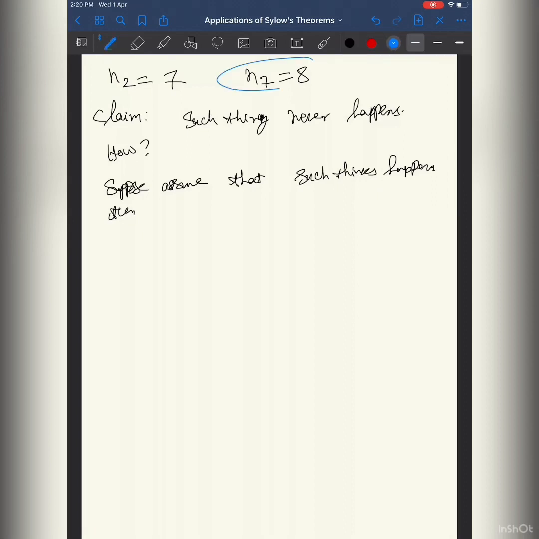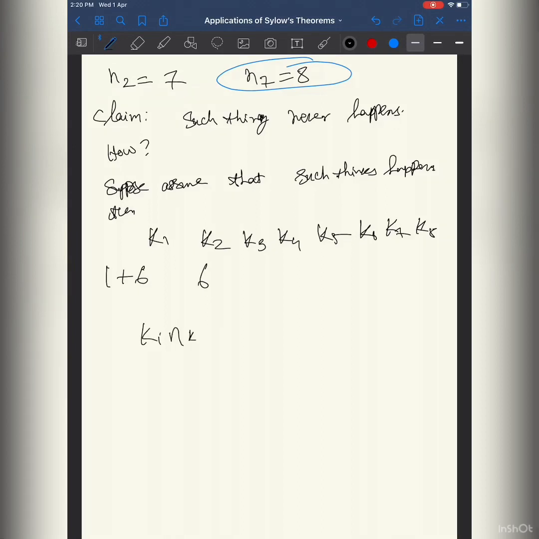Let's list down these 8 subgroups: K1, K2, K3, K4, K5, K6, K7, K8. I will count the identity plus the remaining how many elements? I have 6 elements, because the order is 7. Then another 6 elements will come from the next one, because Ki intersection Kj is trivial when i is not equal to j, because both are prime order subgroups.